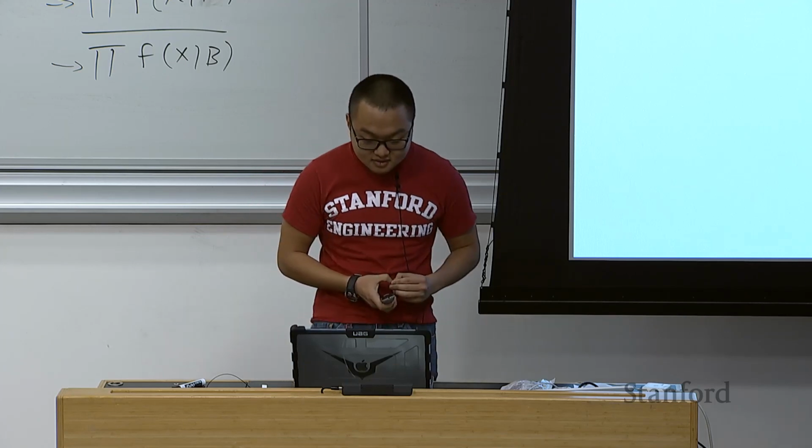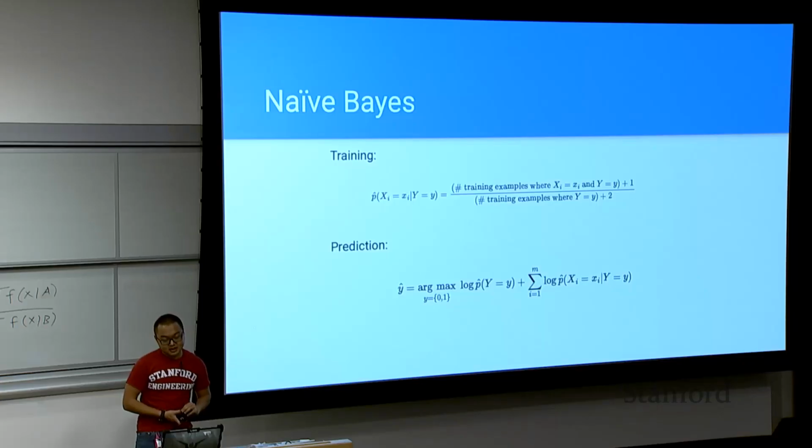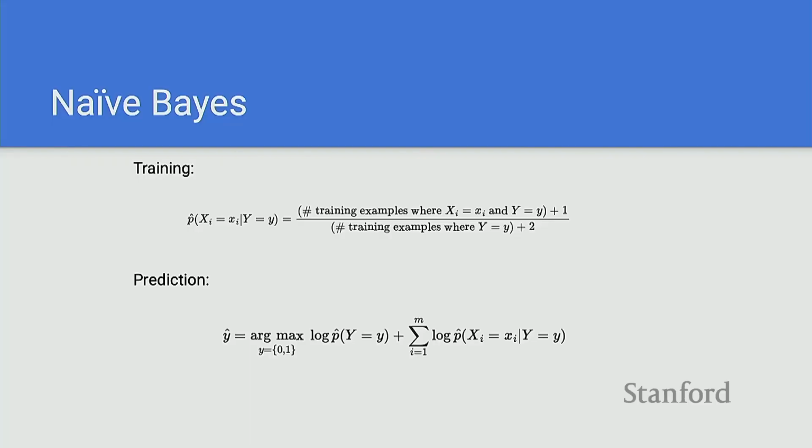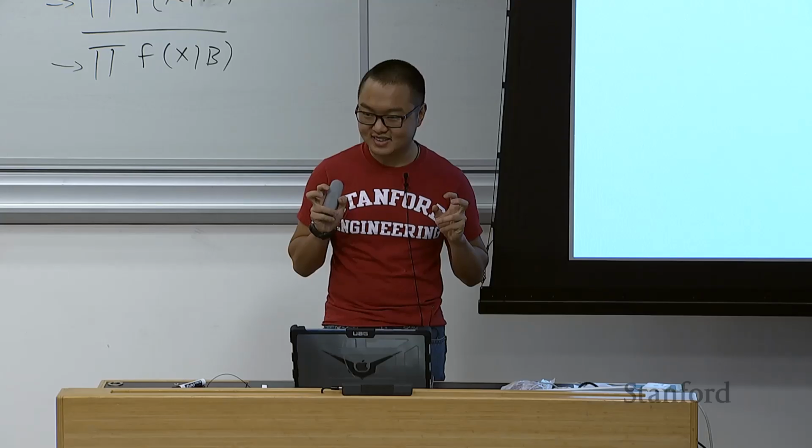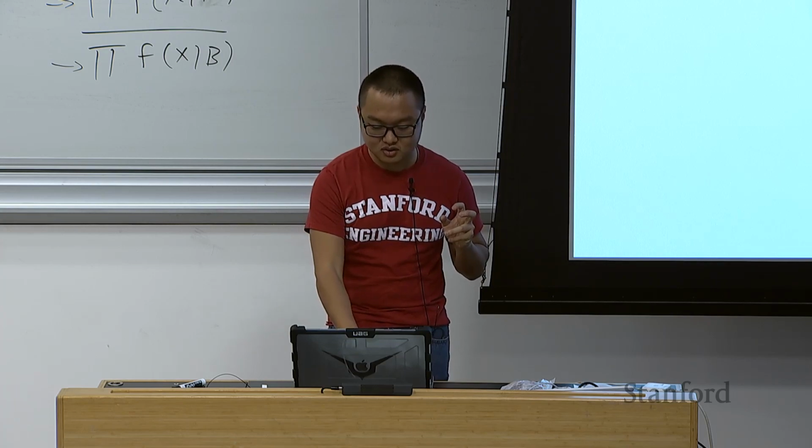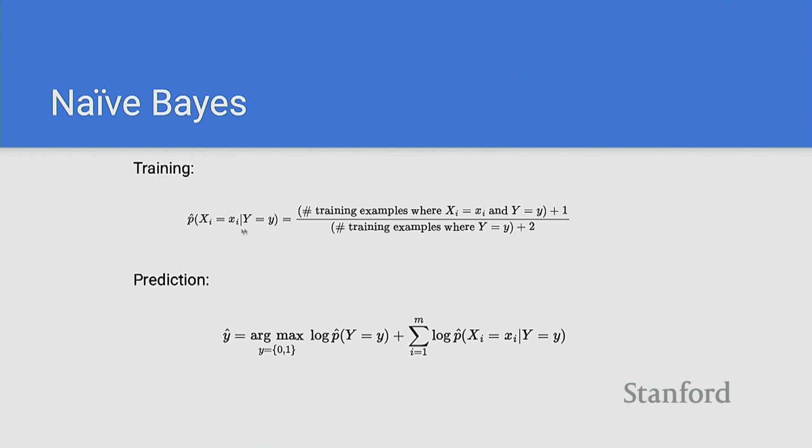P hat is our estimated probability that y is the actual y, that we're going to try to derive here. So p hat is our estimate of the xi and y. This is the thing that we actually find in training. Yes, it's the approximation. Whenever you see a hat, it's approximate.